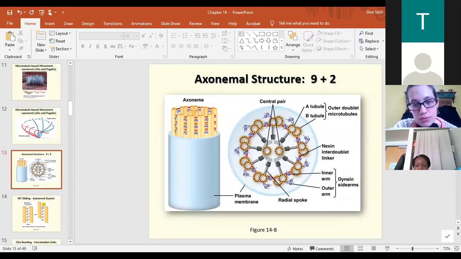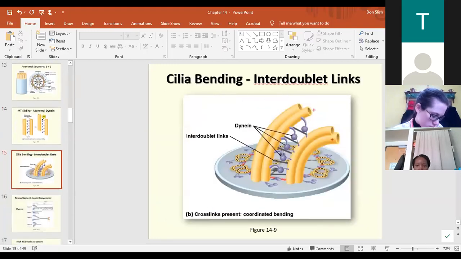Correct. Good question. So in addition to that dynein that's sliding the microtubules with respect to each other, you've got these interdoublet links called nexin, the red thing that's behind the dynein. And you also have these radial spokes, which are keeping the microtubules out, holding the structure. And these nexin links are converting that sliding motion into a bending motion.